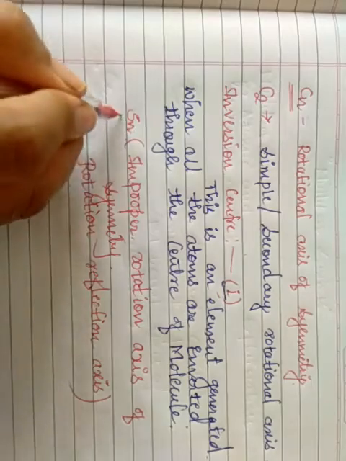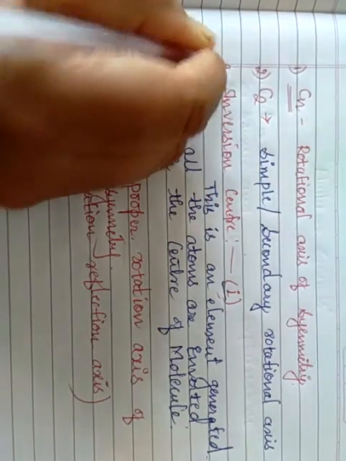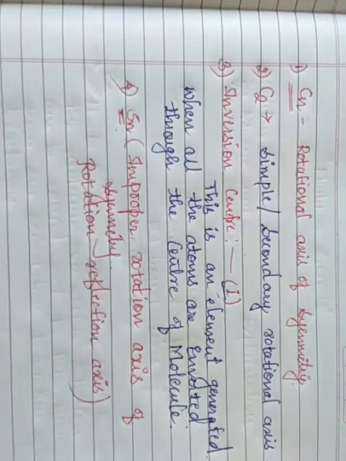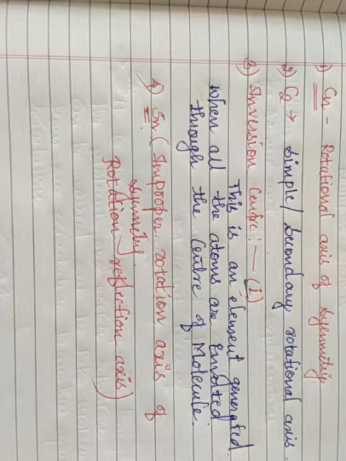So Cn first term, C2 second term, I third term, this is the fourth term, Sn. Sn: improper rotation axis of symmetry or rotation reflection axis.